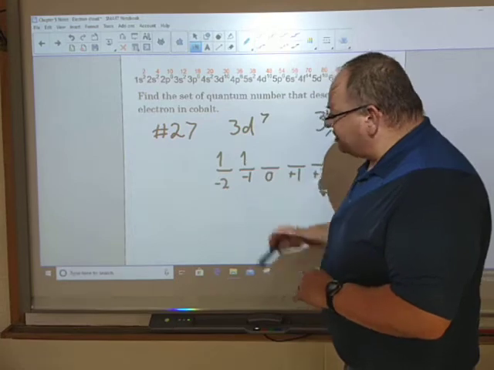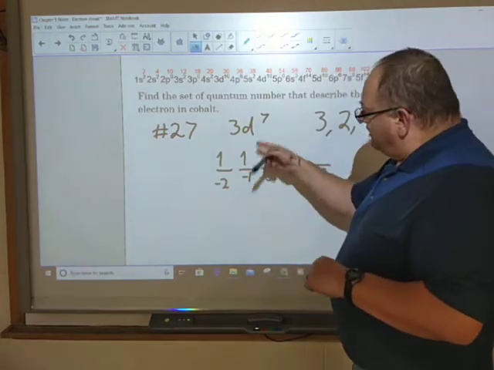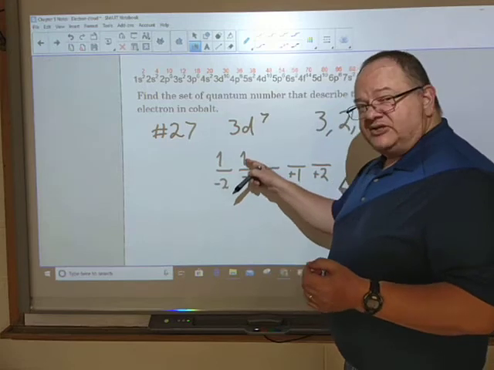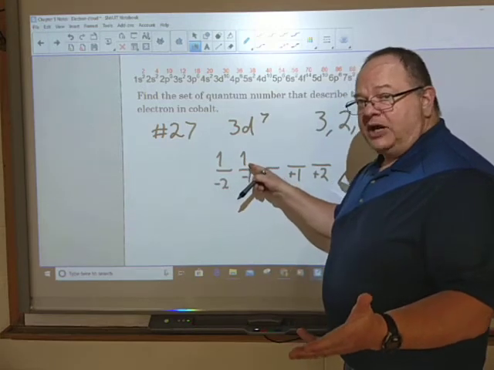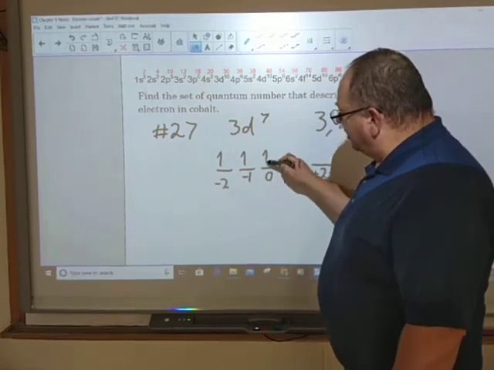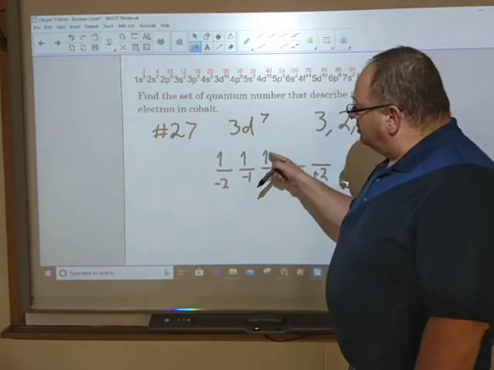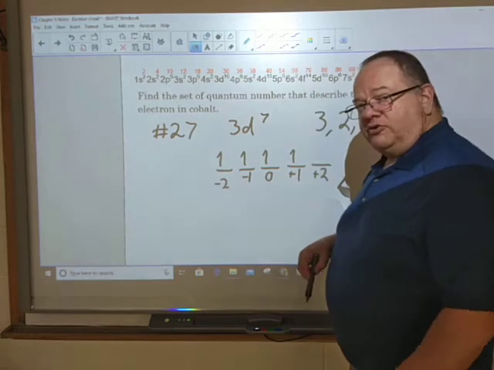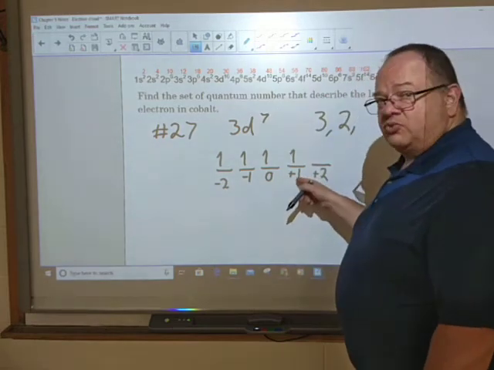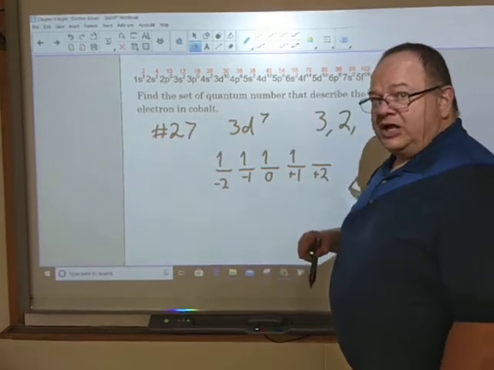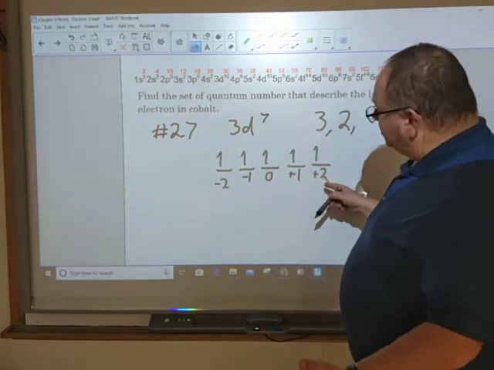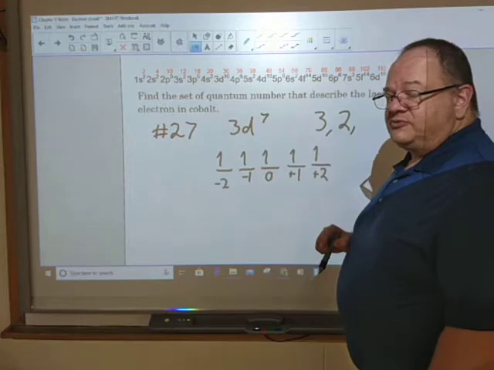My next electron goes here. That electron, its orbital is -1, and it's the first electron, so that's a positive 1/2. Third electron, its orbital is 0, positive 1/2. Fourth electron, its orbital is +1, positive 1/2 spin. Fifth electron, its orbital is +2, positive 1/2 spin.